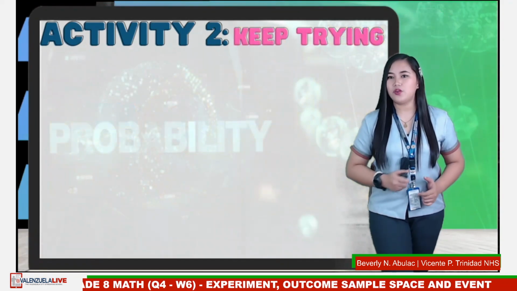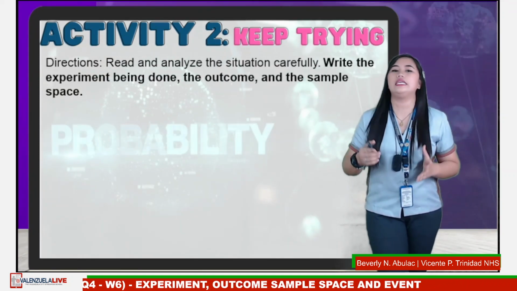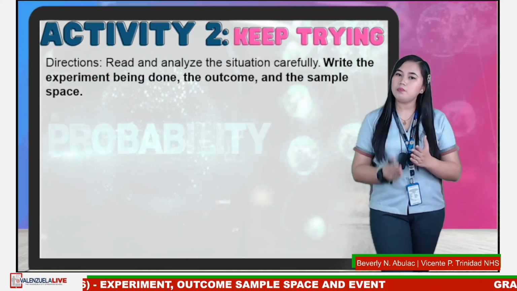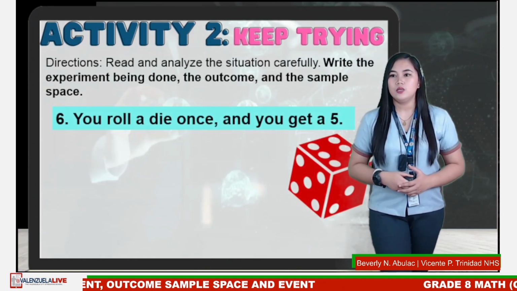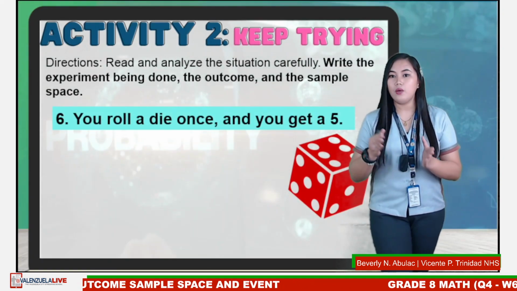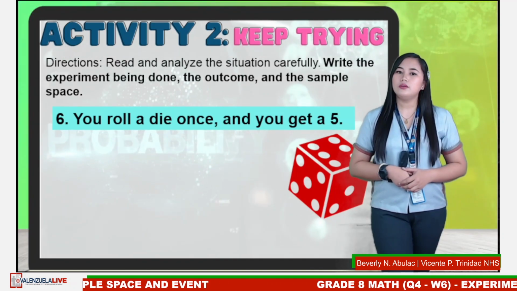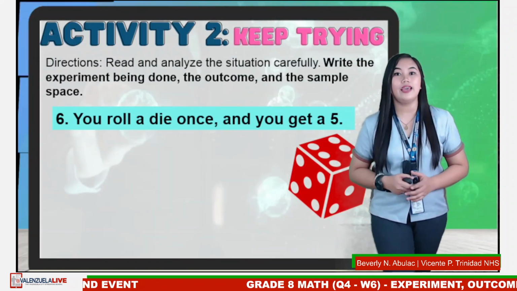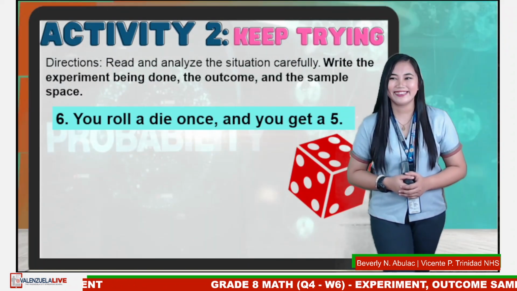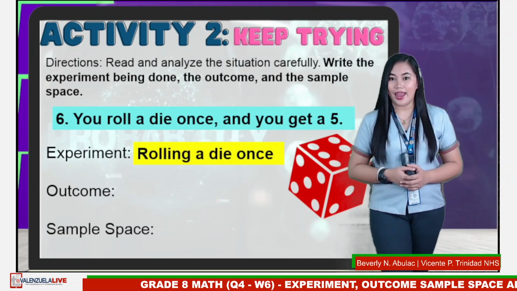Now, let's keep trying. You have to read and analyze the situation carefully. You have to write the experiment being done, the outcome, and the sample space. So for number 6, you roll a die once and you get a 5. What is the experiment? Correct.